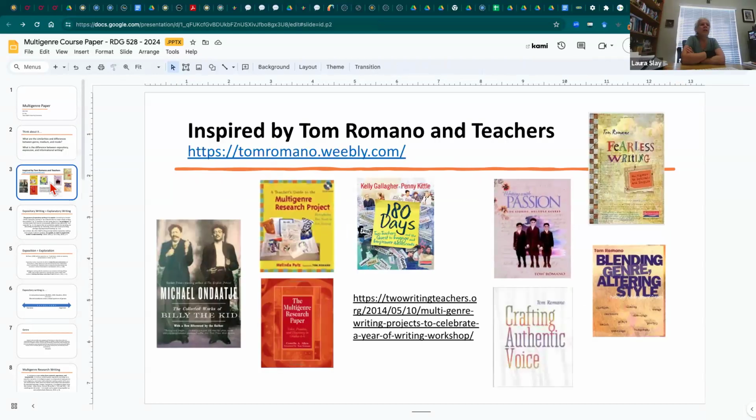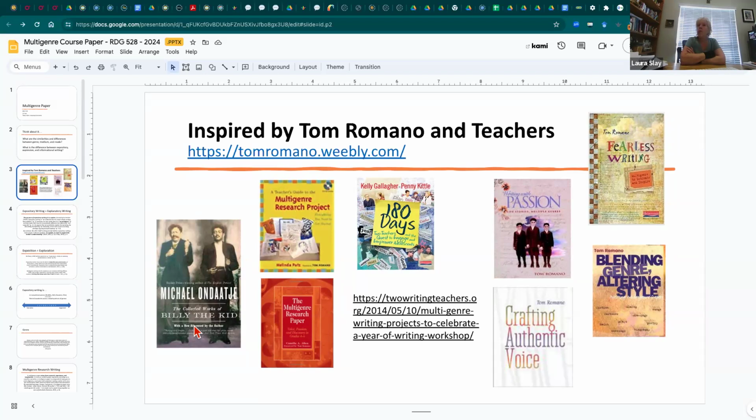All of this is tied to the project that I have created and drawn from. I didn't invent it. It comes from these sources. I showed you a book earlier from Tom Romano, crafted from this book over here, The Collected Works of Billy the Kid.